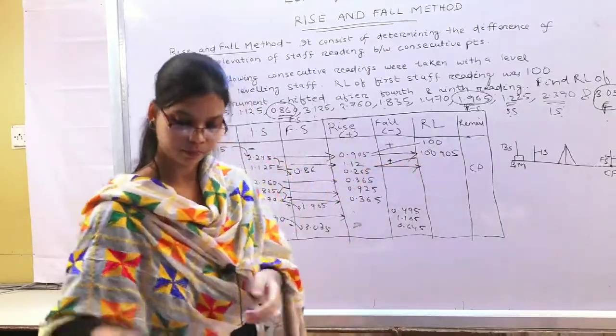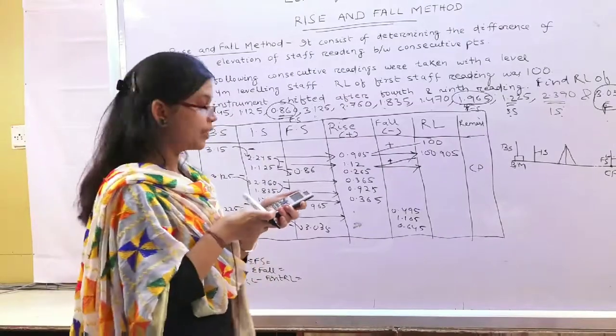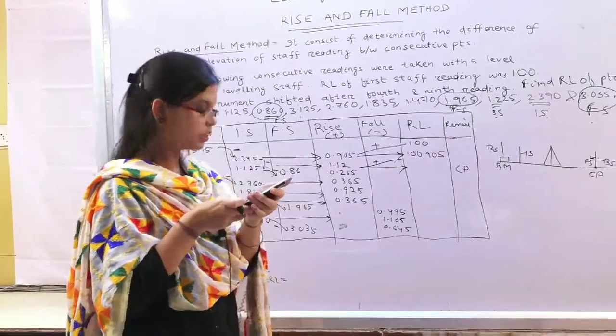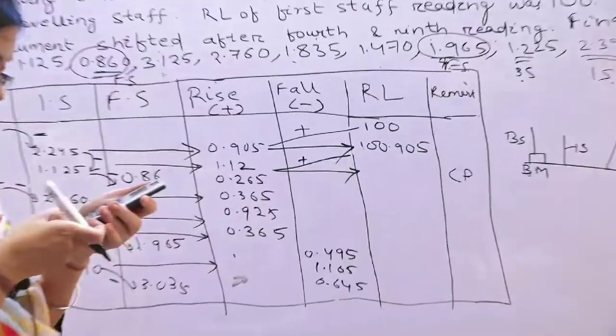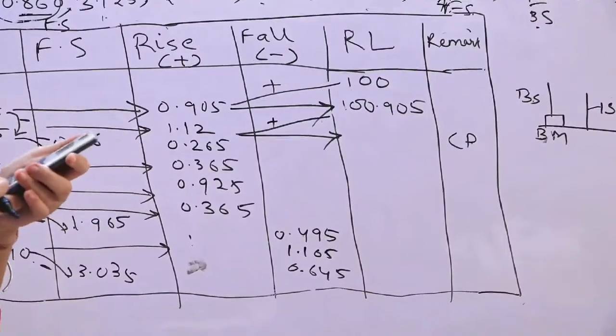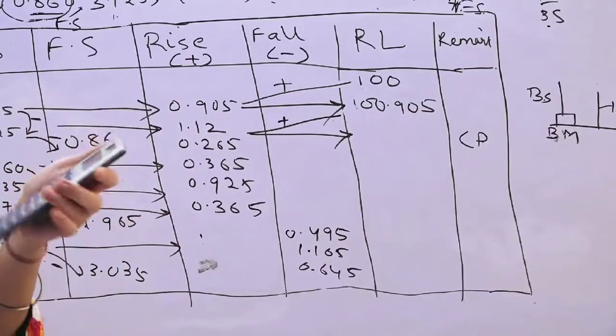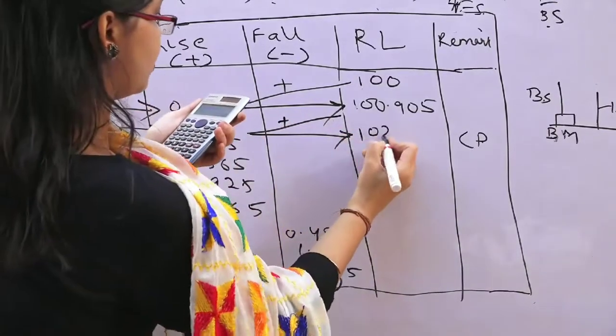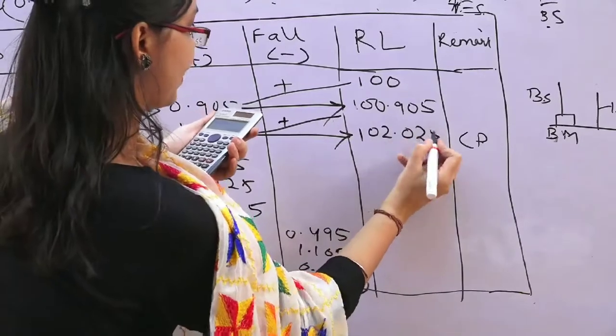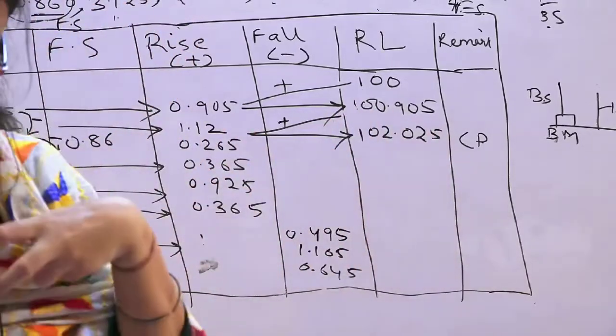That means 100.905 plus 1.12 will give 102.025.